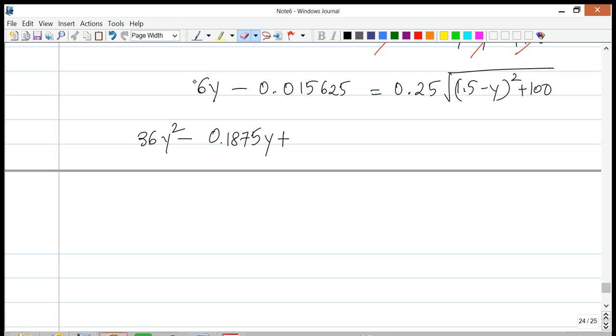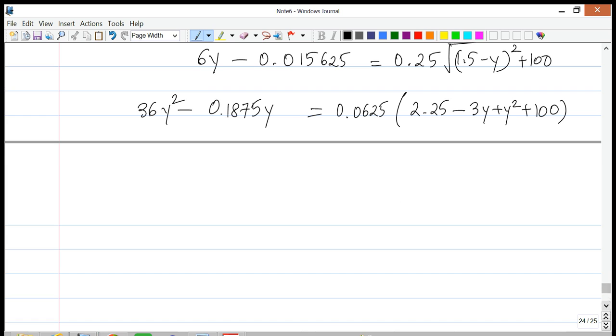It's going to be a small number, so we can just ignore that number. And then on the other side, we're going to have 0.25 squared, which is 0.0625 times the square of all this, which happens to be 2.25 minus 3y plus y squared plus 100.